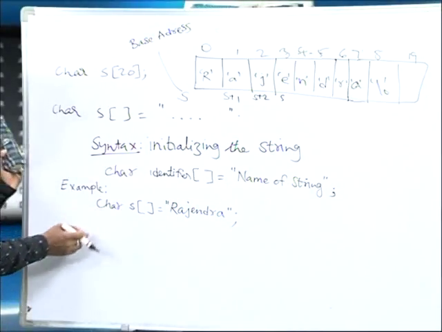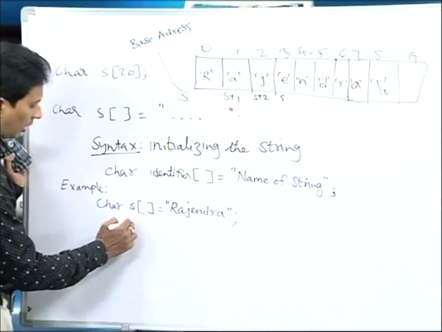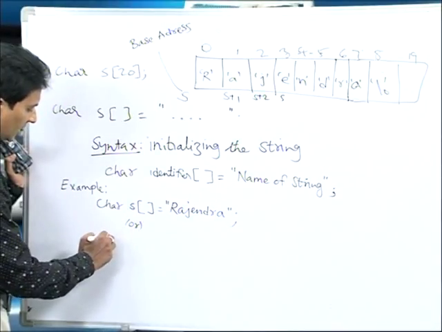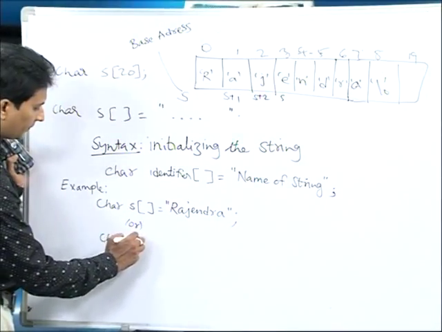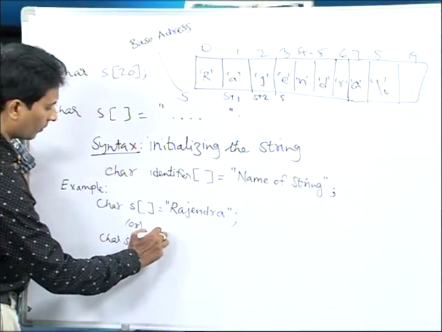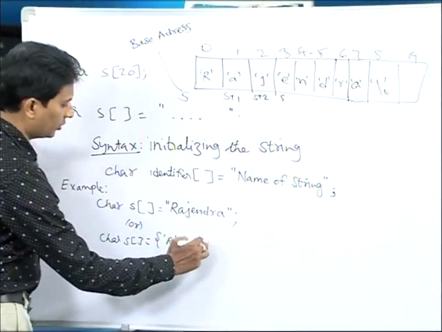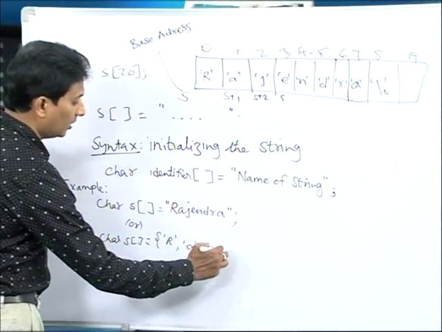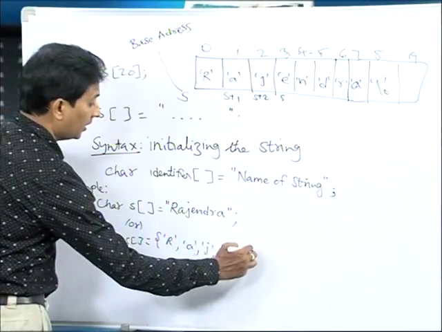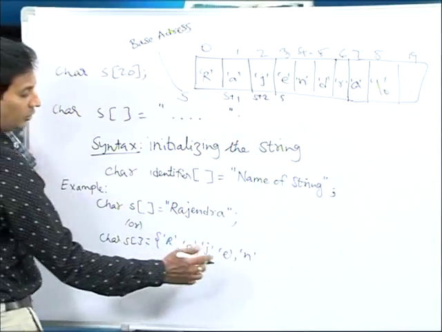Instead of this, you can also give char s equal to, single characters: r, a, j, e, n. In single characters also we can give.